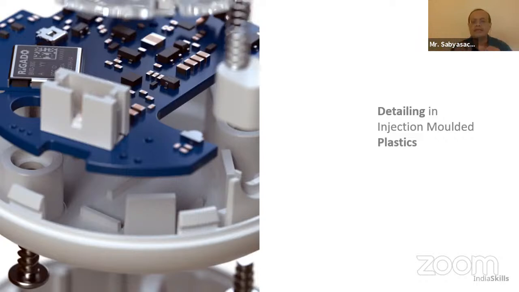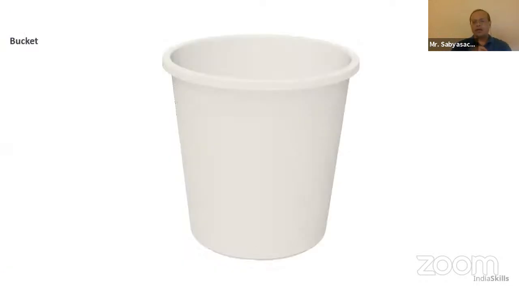You now need to detail it out. So I thought I'd explain some of the concepts of plastic injection molded detailing by looking at something pretty much everybody has seen and used in their house. I'm looking at a plastic bucket. Okay, a very simple plastic bucket.